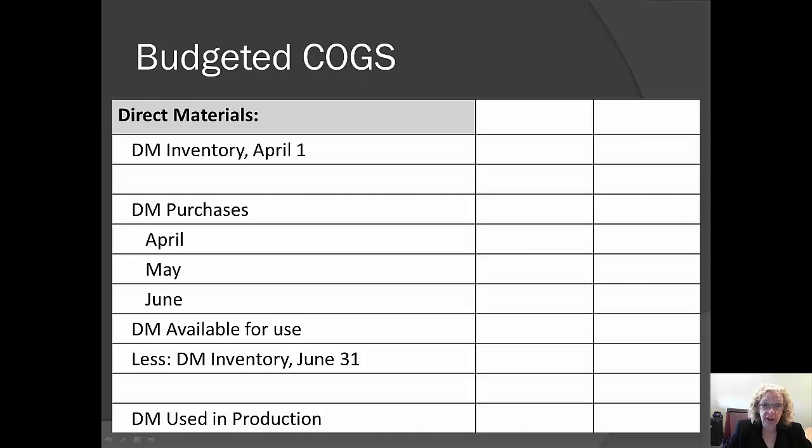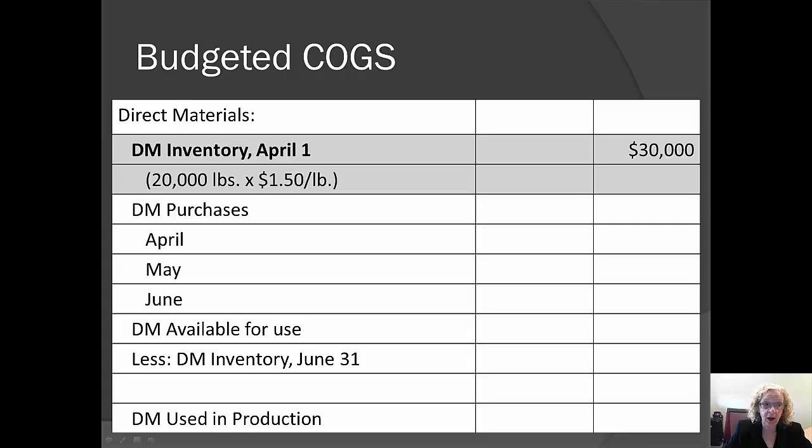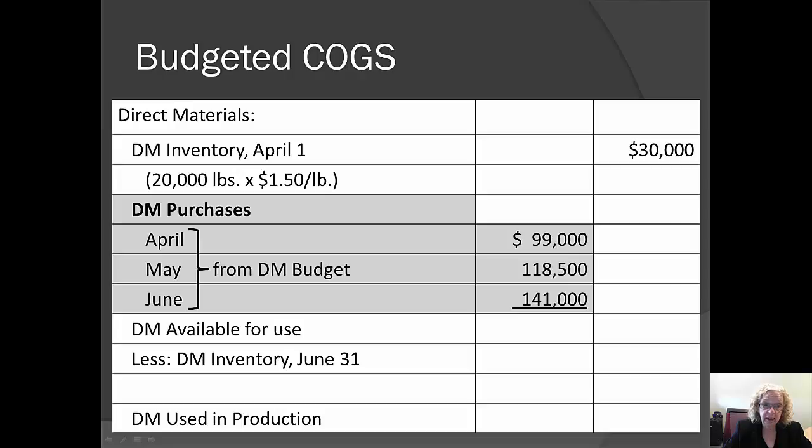So we take our materials inventory on April 1st, and we know that was expected to be 20,000 pounds at $1.50 per pound. Then we need to consider our purchases during April and May and June.